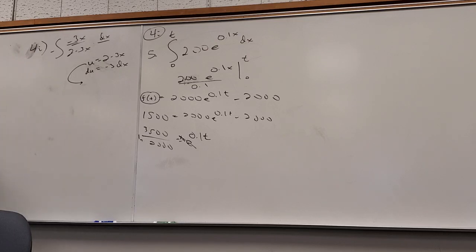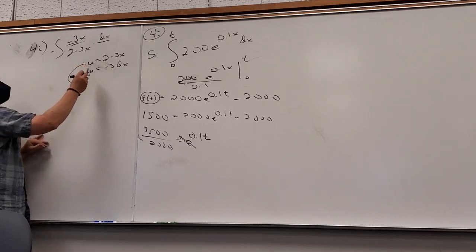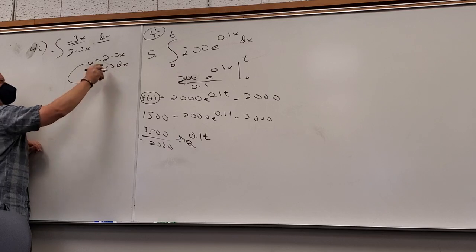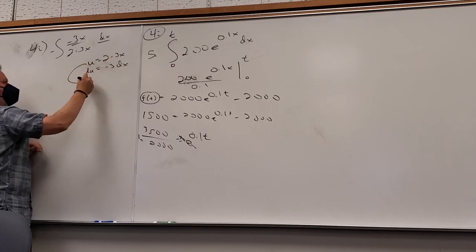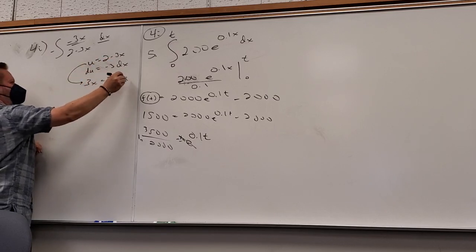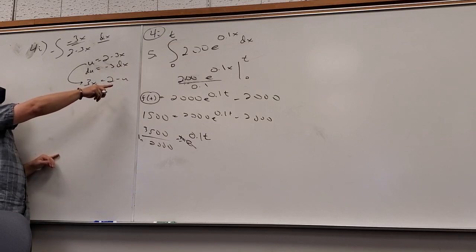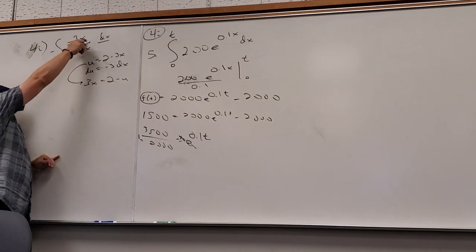So the most basic extra step to u-sub is, the minute you write u as a function of x, you can solve for x. Then you know x is a function of u, right? So here I'm going to be kind of smart about it. I'm going to add 3x and subtract u, so I get this. Now why is that kind of cool? Because I have a 3x here, right?